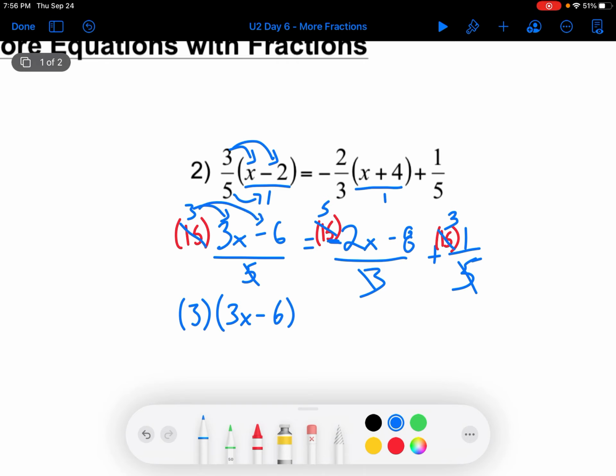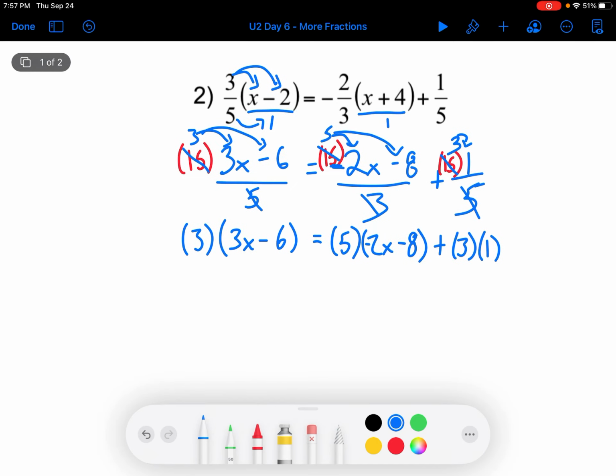It goes to the whole top of the fraction. This would go here and here. And that 3 would just times by 1 and stay the same. So that would be 5 times negative 2x minus 8, and then plus 3 times 1. Okay, those are all the things that are left.